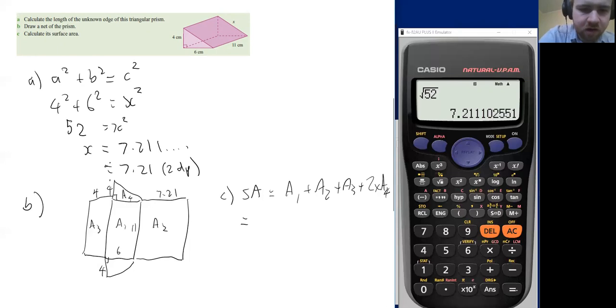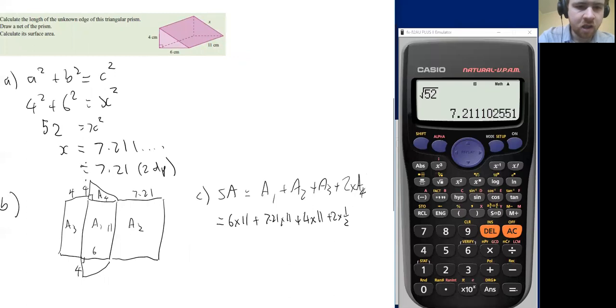So the surface area is going to equal 6 times 11 plus 7.21 times 11 plus 4 times 11 plus 2 times half. Because they're a triangle, we're going to do half base times height. So the base is 6 and the height is 4.